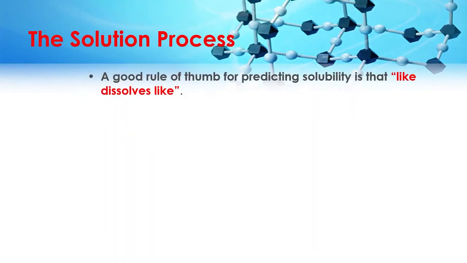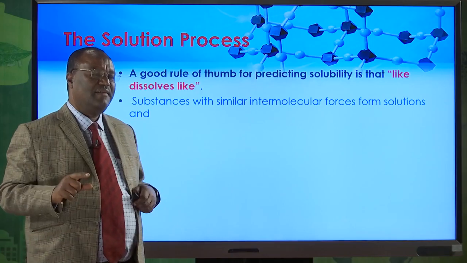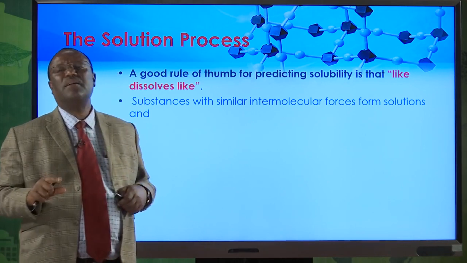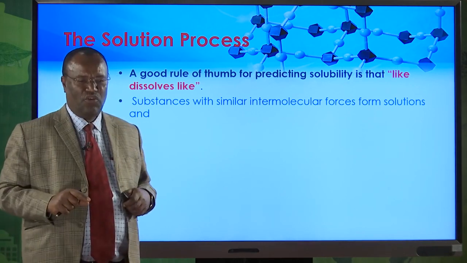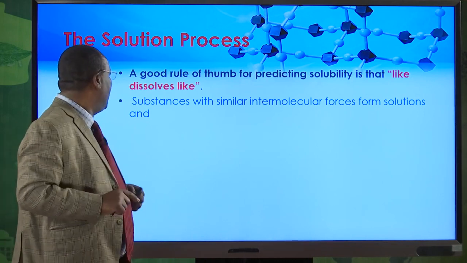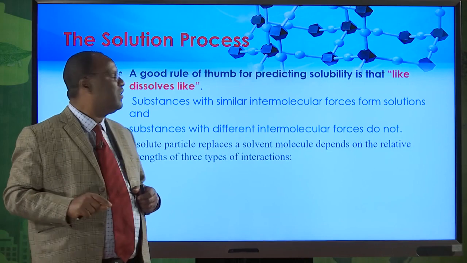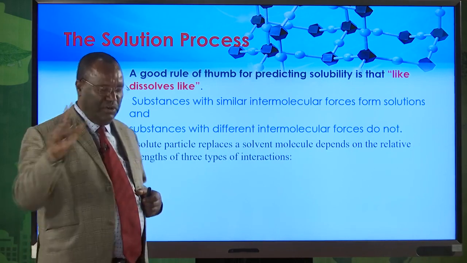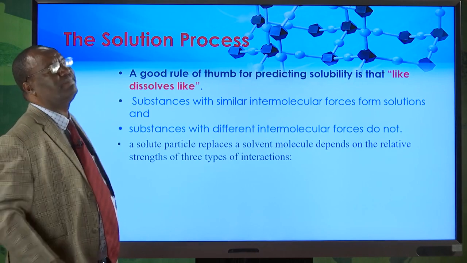What kind of solute and solvents form solutions? What are the properties of the solute and the solvent for the solution to be formed? A good rule of thumb for predicting solubility is that like dissolves like. What does it mean, like dissolves like? That means substances with similar intermolecular forces form solutions, and substances with different intermolecular forces do not dissolve, do not form a solution.